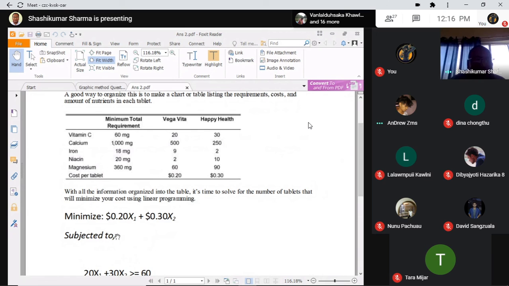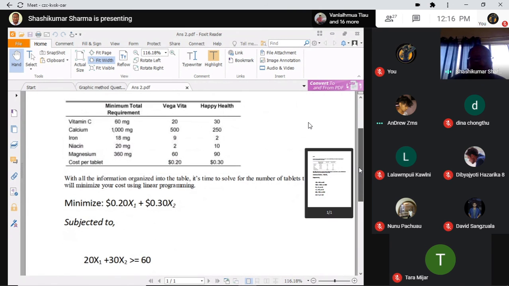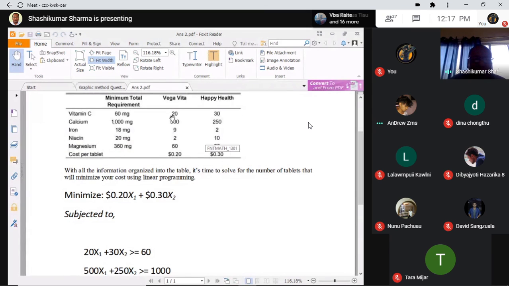Now these are subject to constraints. Constraints of what? Constraints of vitamin C. What is my constraint of vitamin C? I require 20 X1 plus 30 X2, but it should be a minimum of 60. That means it can be greater than or equal to 60 milligrams.